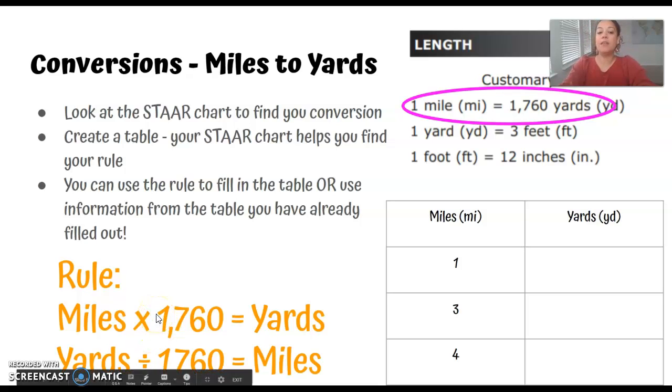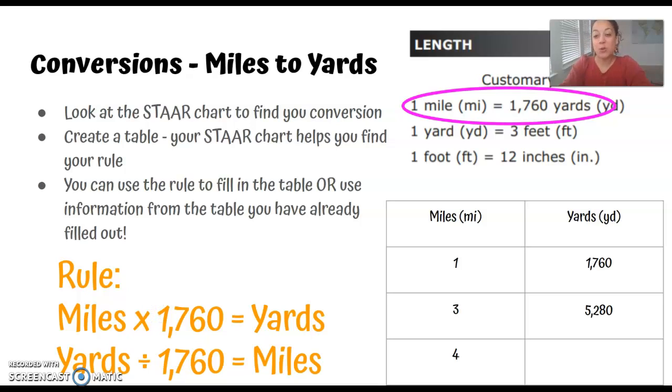Yards divided by 1,760 equals the number of miles in comparison. So 1 mile, 1,760 yards. 3 times 1,760 is 5,280. And then 4 times 1,760 is 7,040 yards in 4 miles. That's a lot of yards.